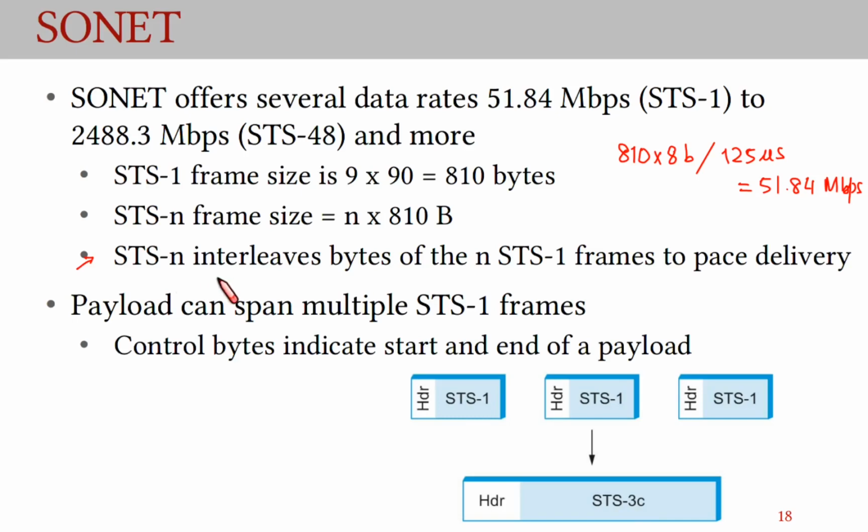So an STS-N standard can be thought of as N 51.84 Mbps pipes, whereas STS-N-C can be thought of as one N times 51.84 megabits per second pipe. One final thing to note about Sonnet is that payload can span multiple STS-1 frames, and control bytes indicate the start and end of a payload in such cases.